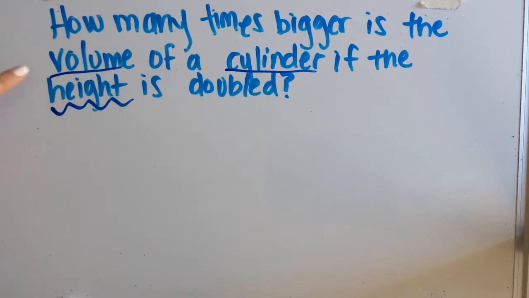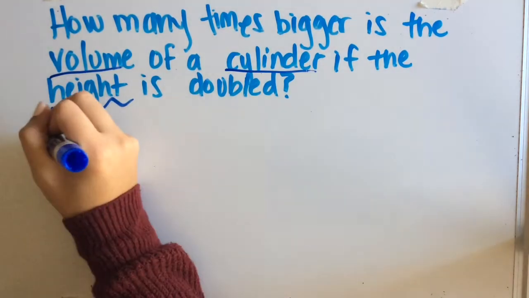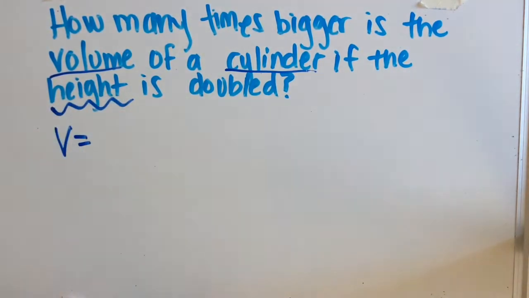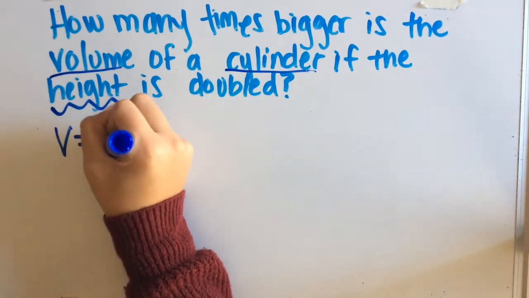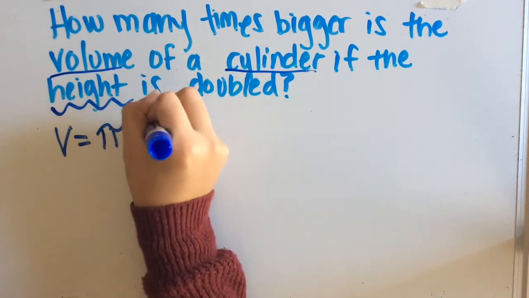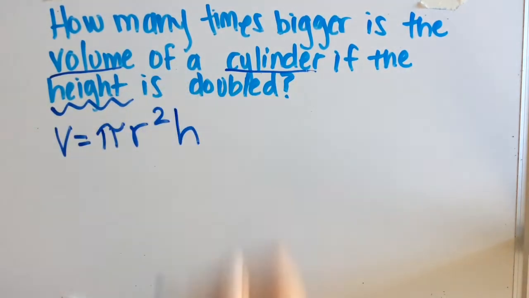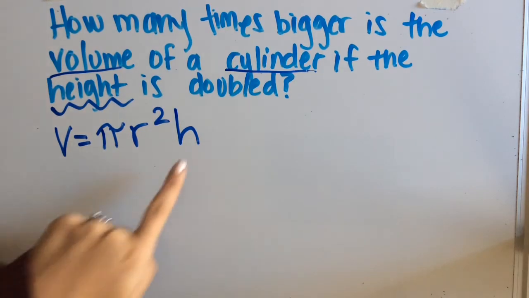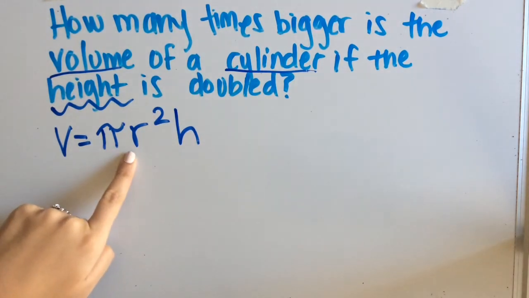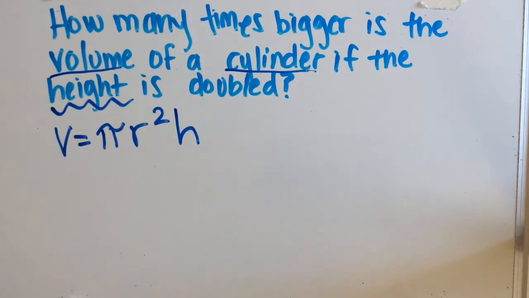So we want something that has to do with the volume of a cylinder and has a height in there. So I can just use the formula for the volume of a cylinder. If you remember, the volume of a cylinder is pi times the radius squared times the height. So notice only the height's changing and not the radius. So we have to kind of figure out how to solve this because it won't have the same pattern as my last example.